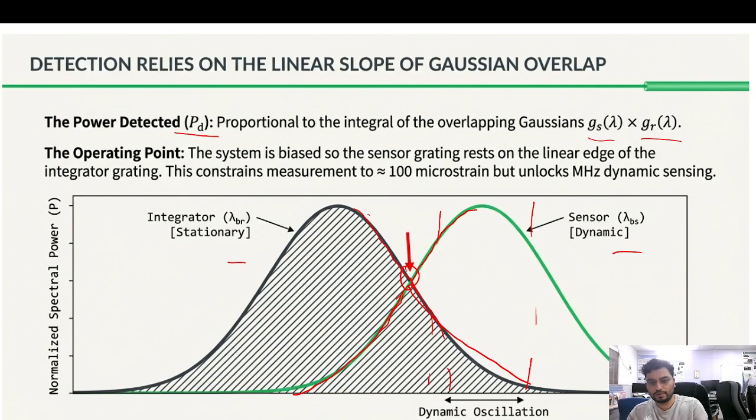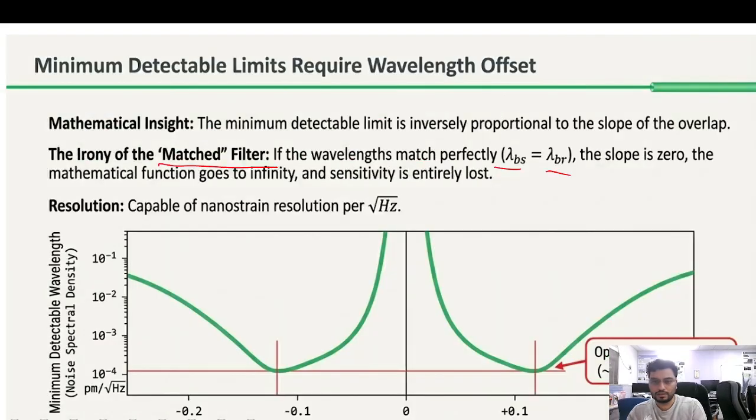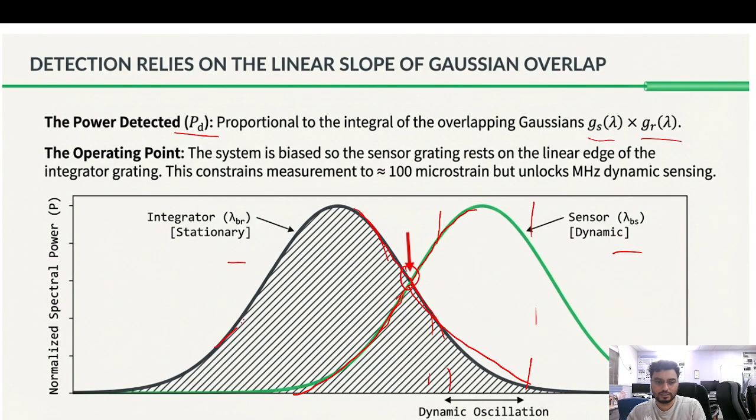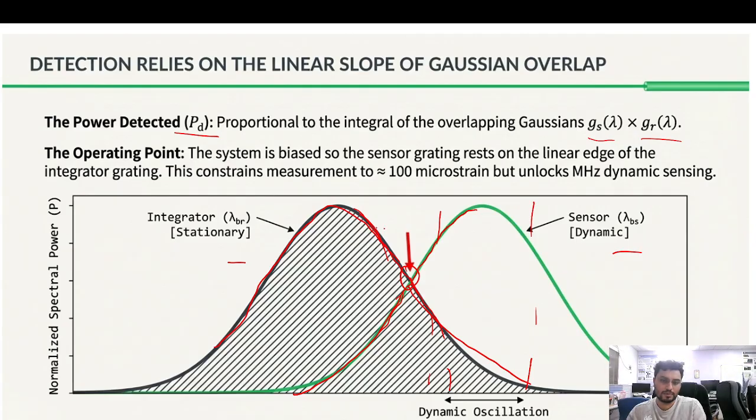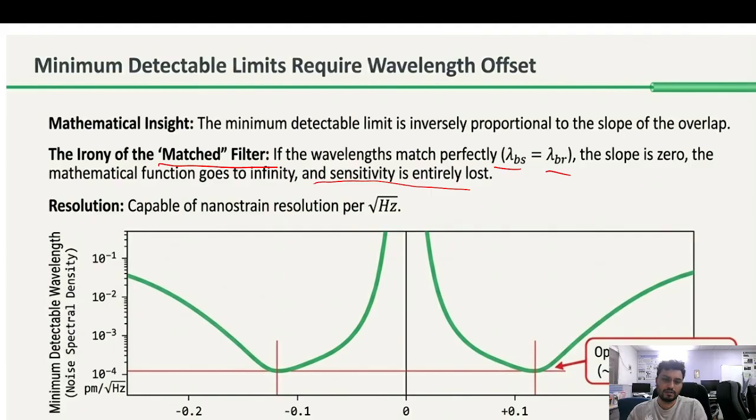There is no slope. The mathematical function goes to infinity and the sensitivity is entirely lost. So if both are overlapping each other, the sensitivity will be lost.